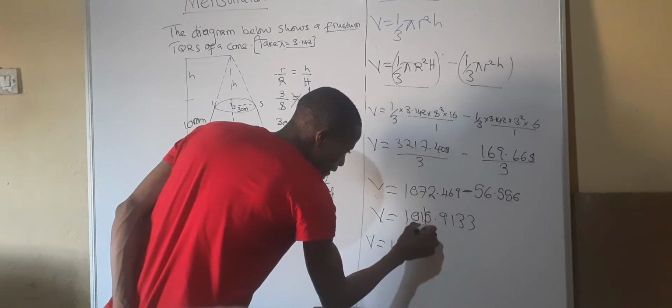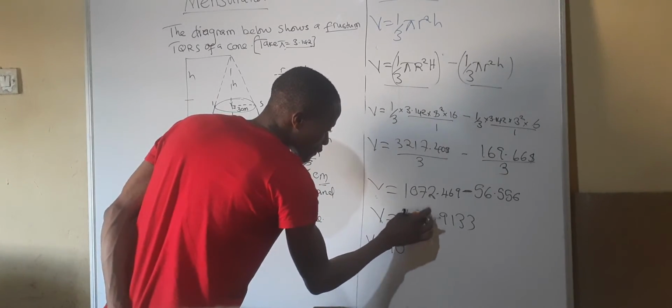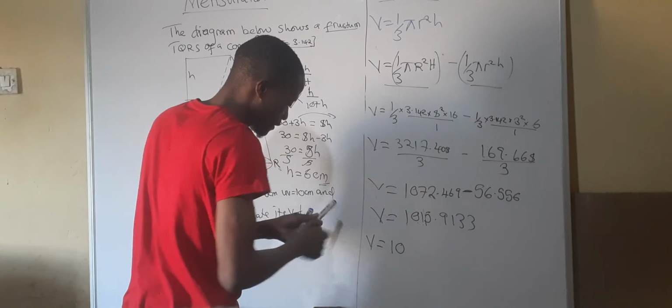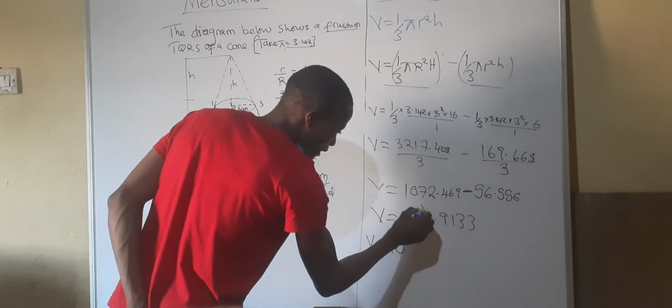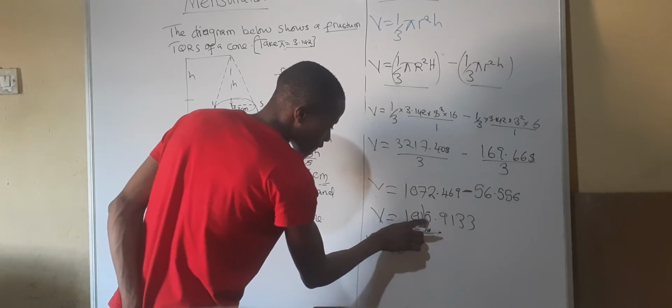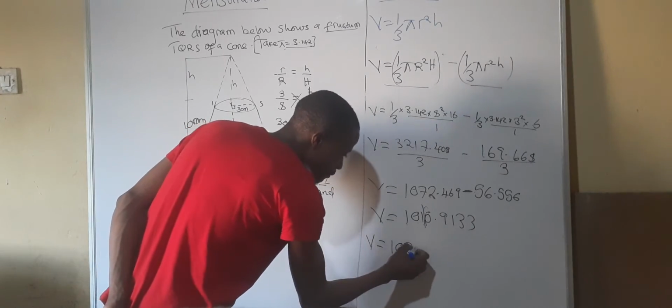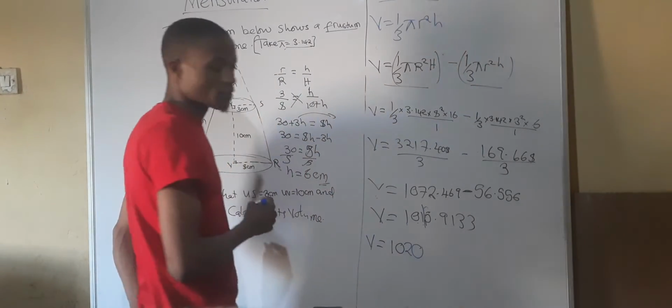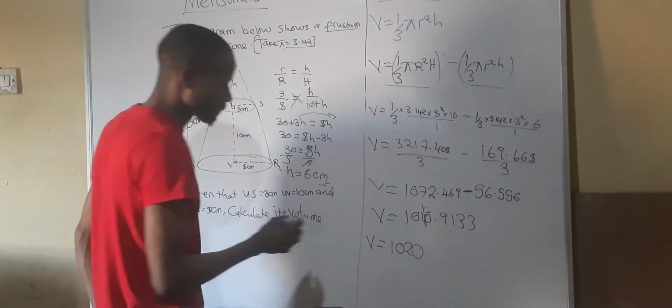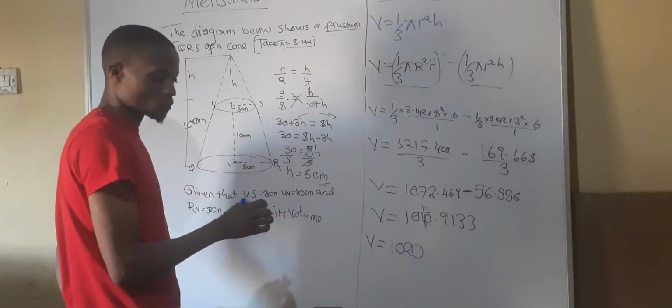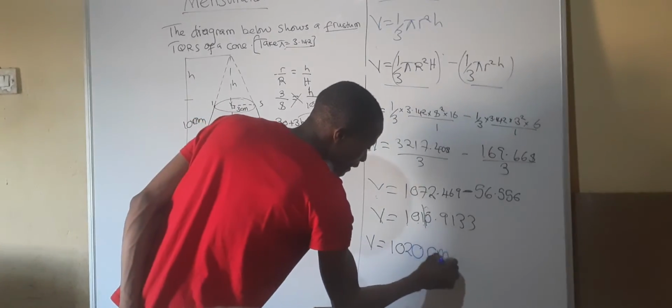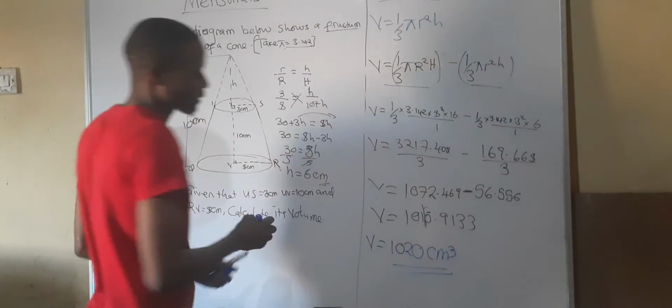The next rounding digit there is more than 4. So instead of it being a 1, it becomes a 2. The rounding digit here is a 5, so the 1 will be added to 1, becomes a 2. Then this will be represented by 0 just to hold the place value. So volume of the frustum is equal to 1020 cubic centimeters.